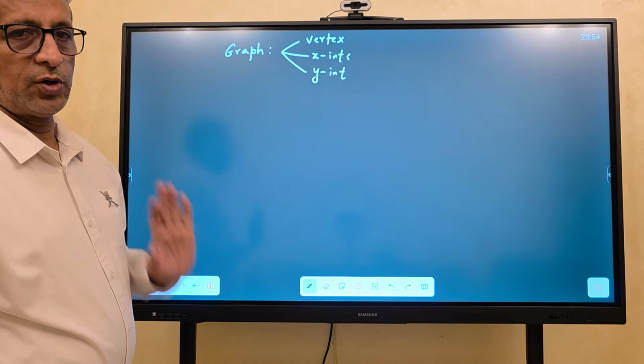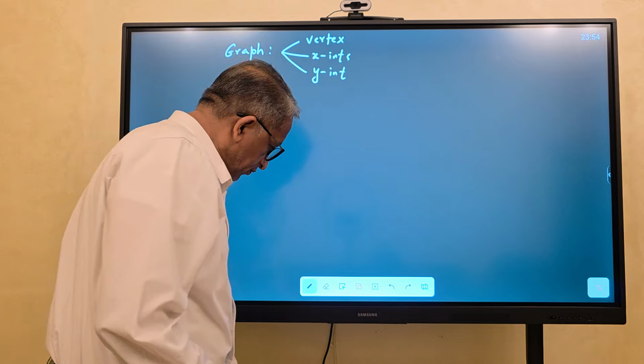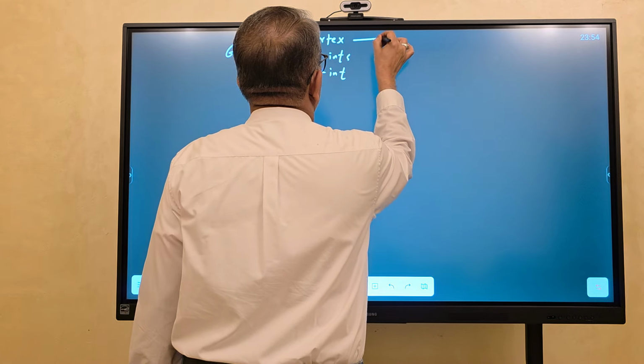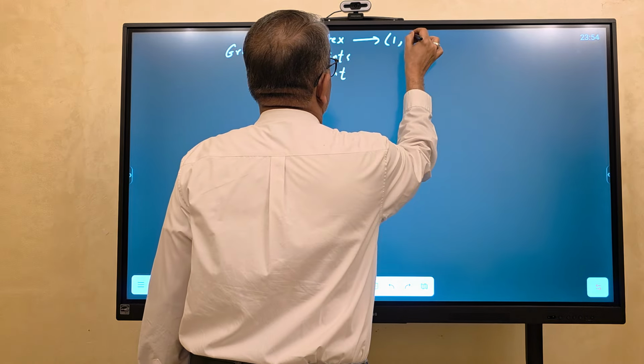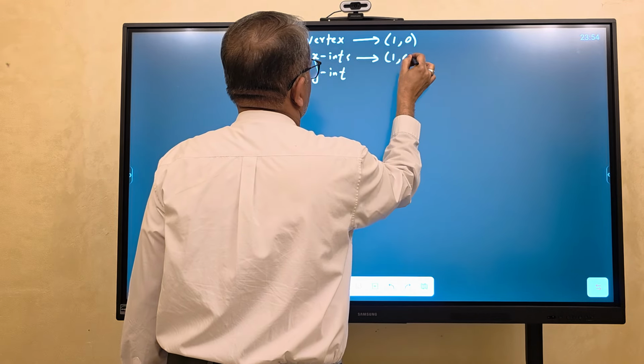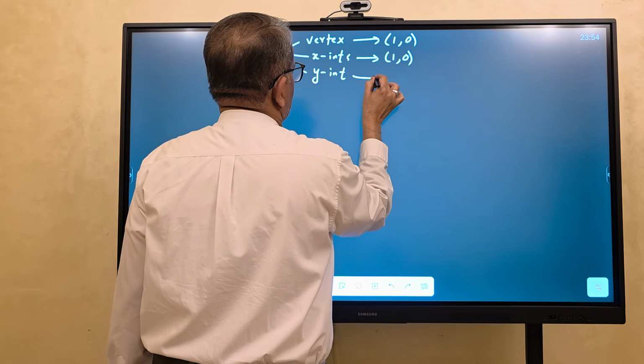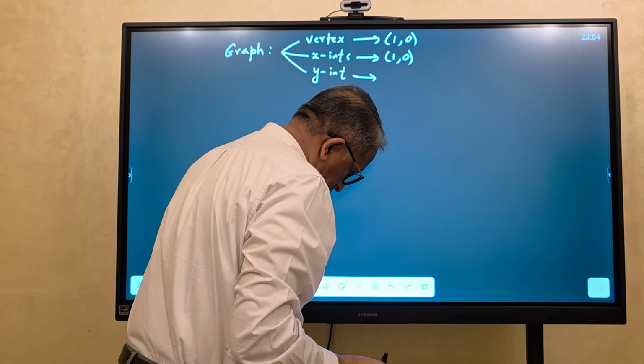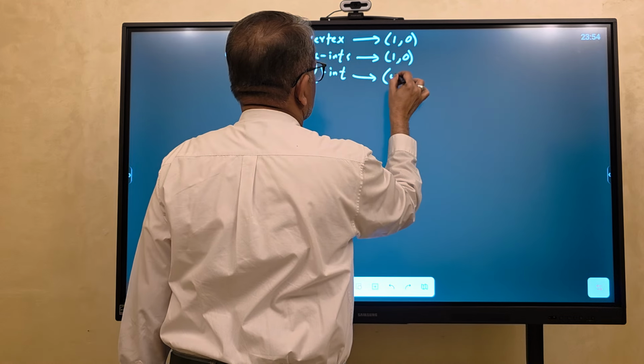So 3 points I will take. So what is the vertex I got? 1 comma 0. What is the x-intercept I got? 1 comma 0. Only 1 I got. What is the y-intercept I got? It is 0 comma 2.